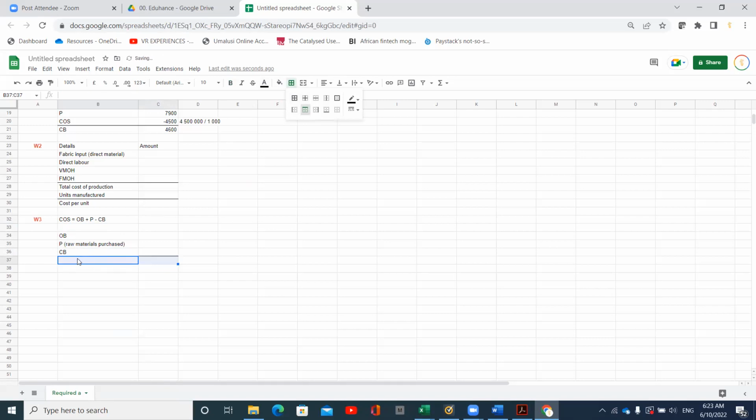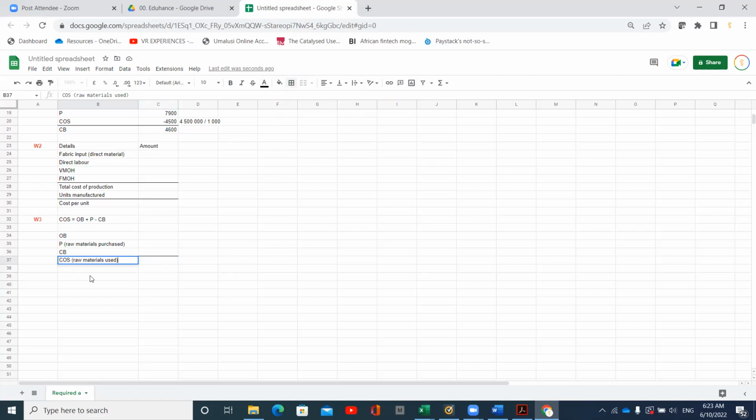Okay, so I'm calling it cost of sales, it's not really called that, I'm just using the cost of sales formula. The cost of sales is basically the sold part. Now remember, we're not selling raw materials. The sold part of raw materials is the raw material that is transferred to work in progress. So I'm just saying cost of sales so you can follow the formula, but basically it is raw materials used.